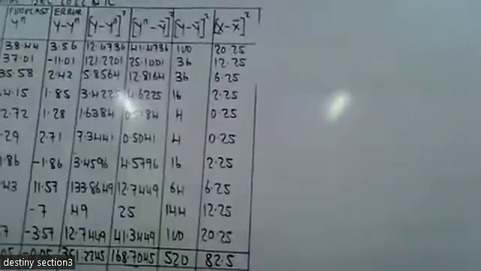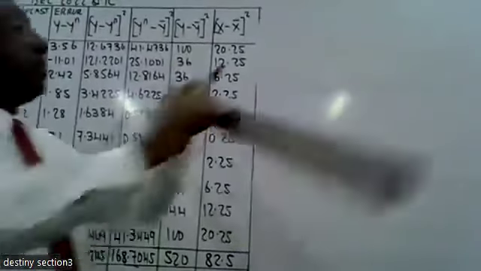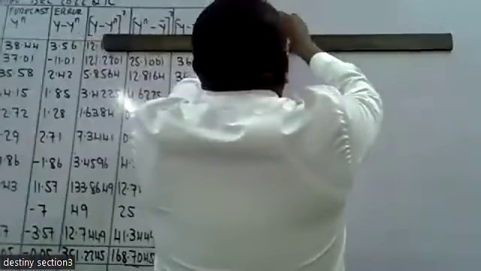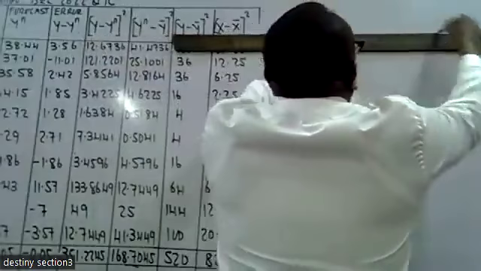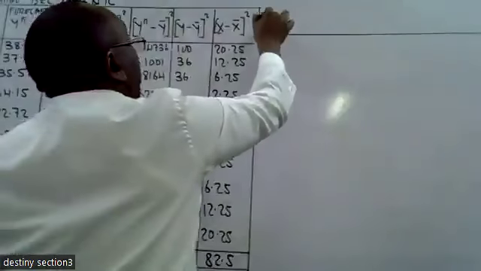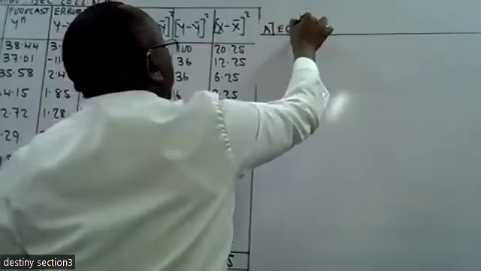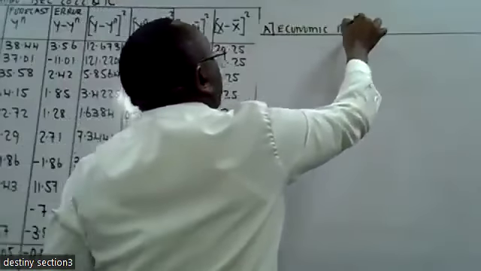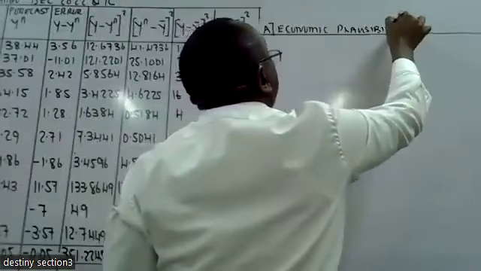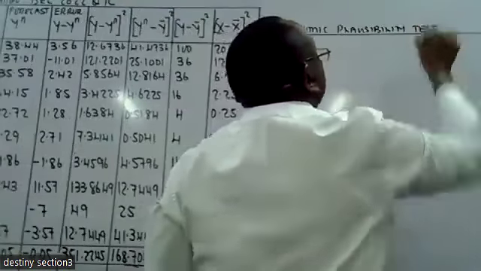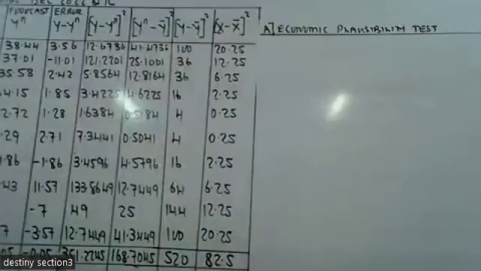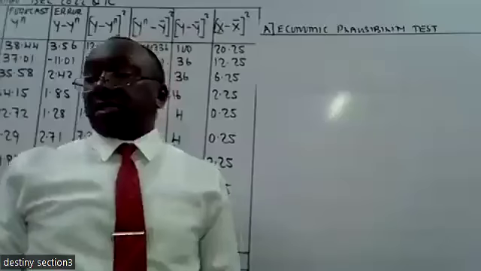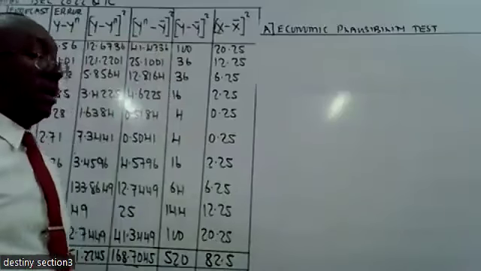In the below, we do the first test, test A, which is called the economic plausibility test. Now, the economic plausibility test checks what?